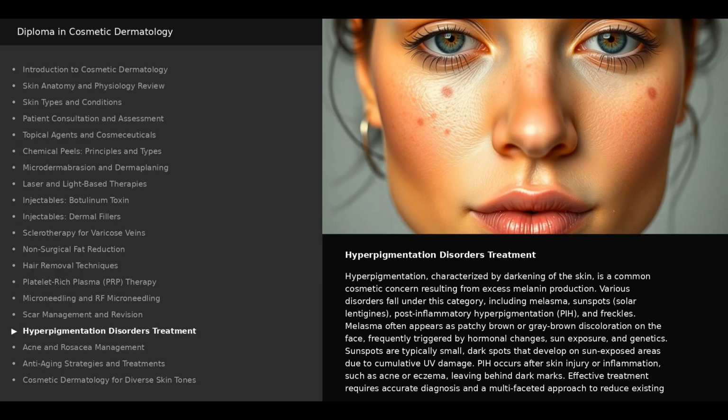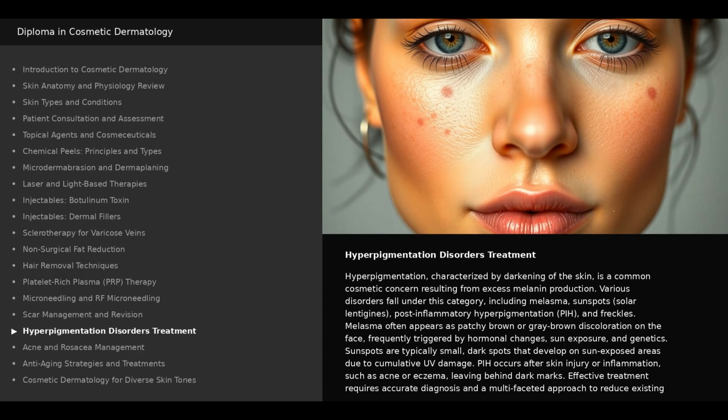Melasma often appears as patchy brown or gray-brown discoloration on the face, frequently triggered by hormonal changes, sun exposure, and genetics. Sunspots are typically small, dark spots that develop on sun-exposed areas due to cumulative UV damage. PIH occurs after skin injury or inflammation, such as acne or eczema, leaving behind dark marks.